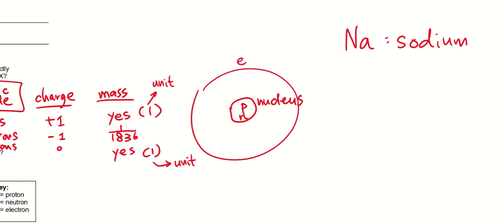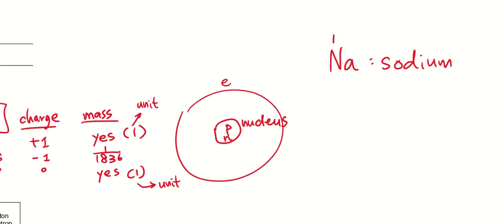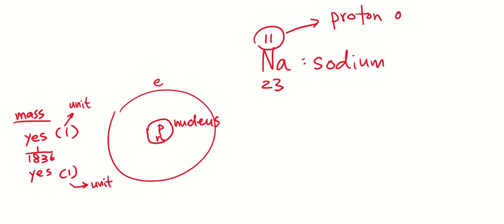What is the number above it in the periodic table? If I'm not wrong, it's 11 and 23. What is this number 11? Do you all still remember? Yes, it is called the proton or atomic number.